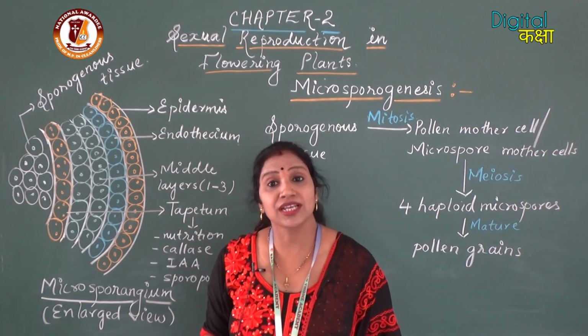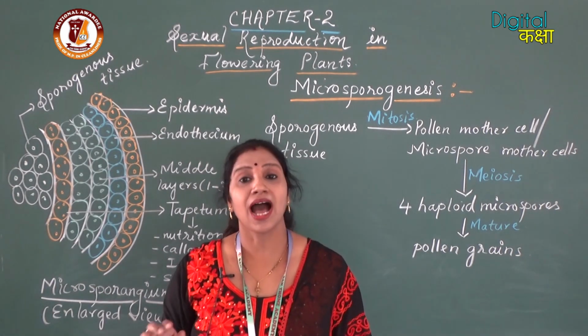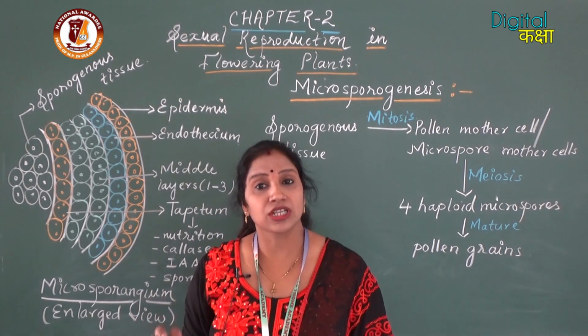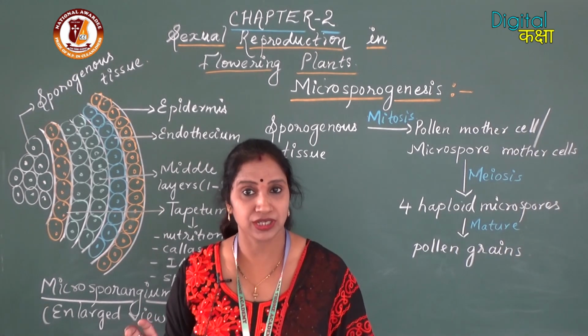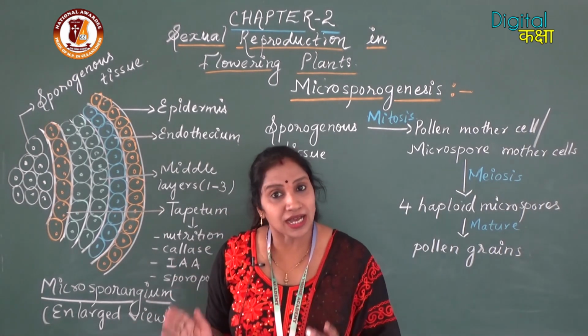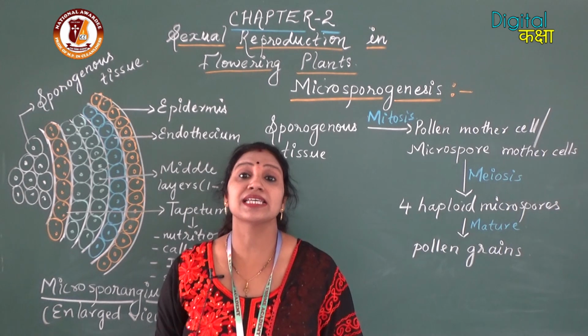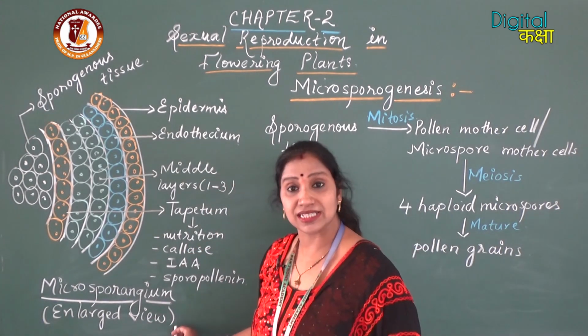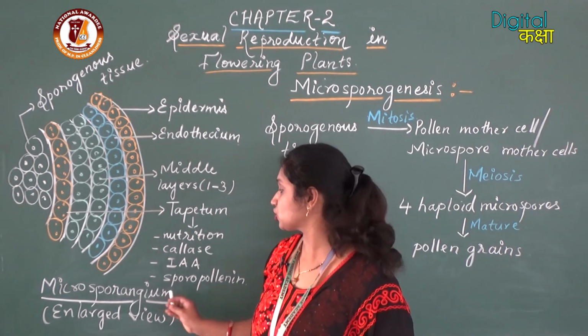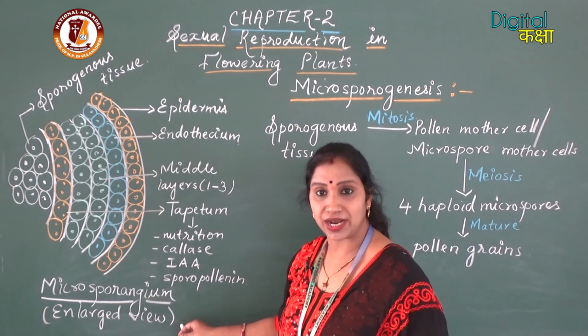The microsporangium or pollen sacs are the regions where the pollen grains are formed. The other name of pollen sacs is microsporangium. So here we will be discussing the detailed structure of microsporangium.